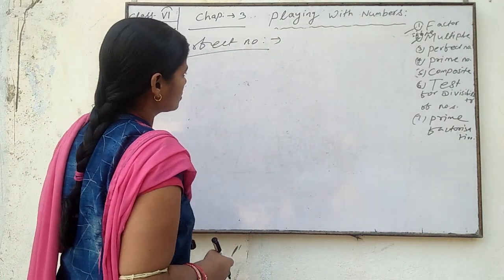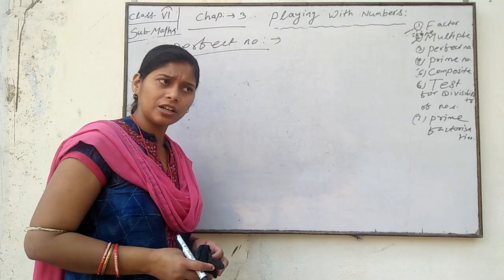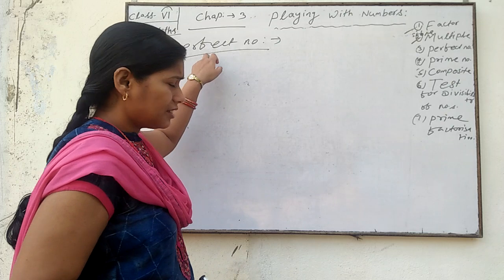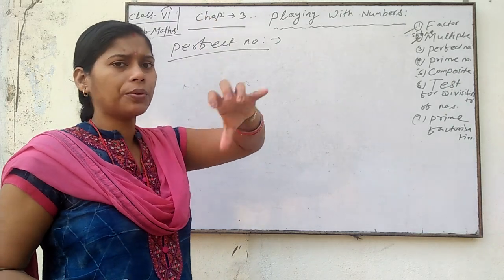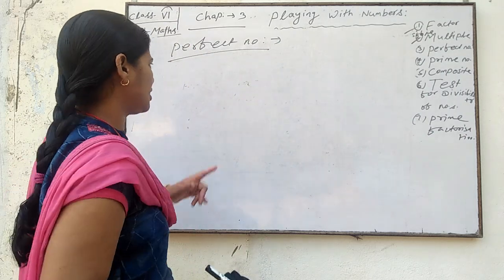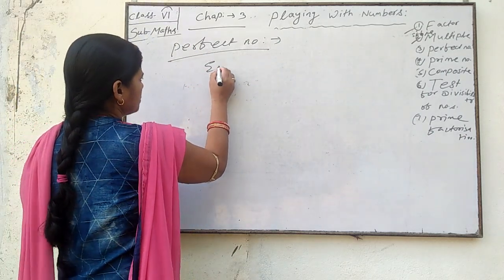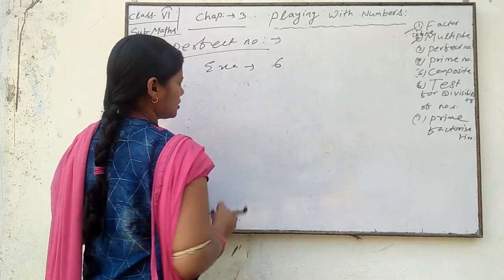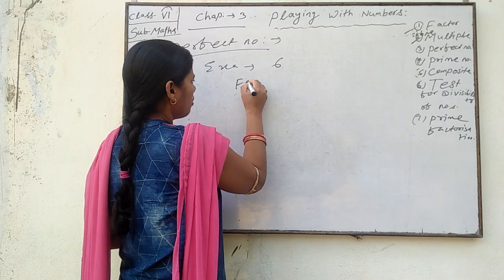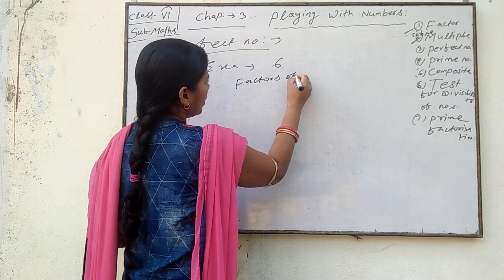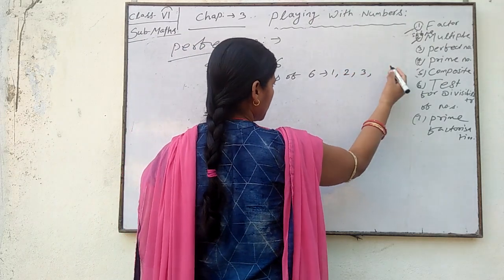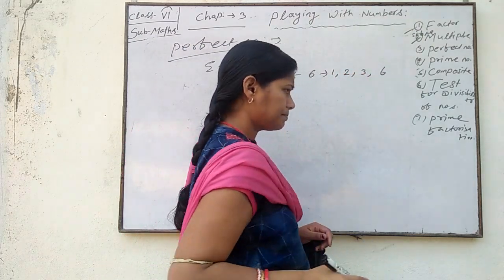A number is said to be a perfect number if it is equal to the sum of its factors except the number itself. For example, suppose 6. First find all the factors of 6: 1, 2, 3 and then 6.